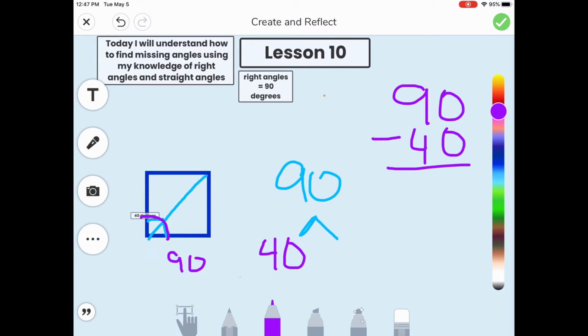We know that 0 minus 0 equals what? 0. 9 minus 4 equals what? 5. Our missing section equals 50 degrees.